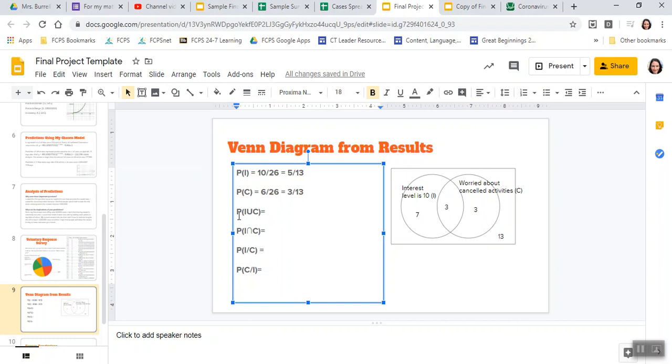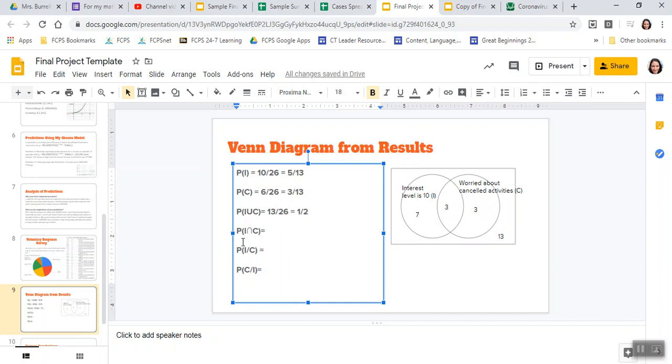So for this one, you want to include anything that is in either circle. So I'm going to add 3 plus 3 plus 7, and I get 13 out of 26 students altogether. And if you simplify this fraction, you get 1/2.